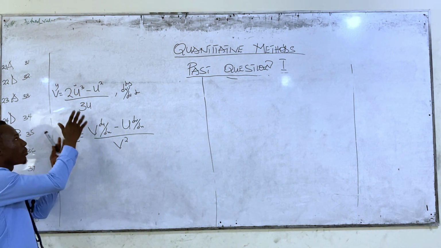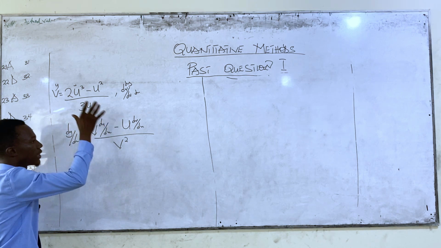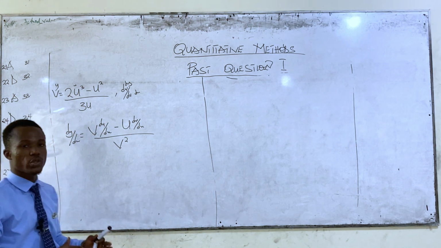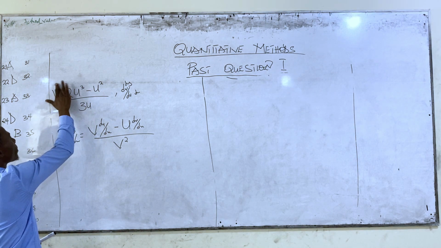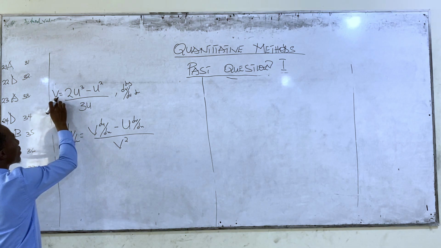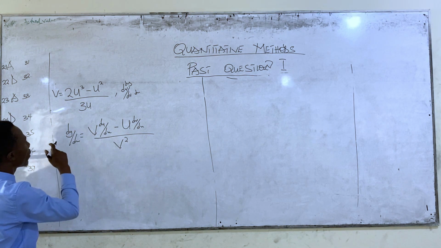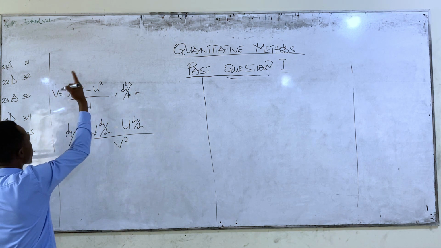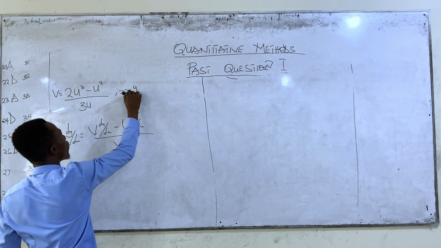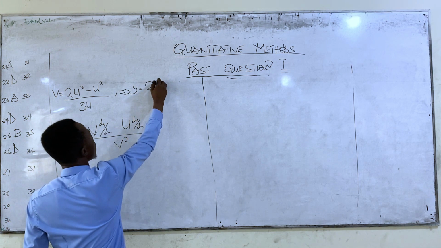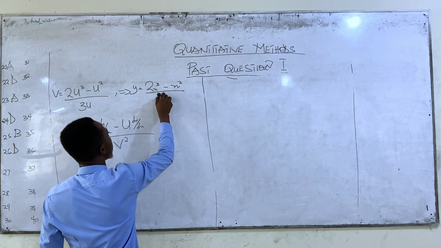We can just represent them by, let's say, a is equal to this, b is equal to this, and solve it. But I don't want you to get confused, so when you are solving it in the exams, just change them. This is v, so change it to y. So you are going to have y equals 2x exponent 3 minus x exponent 2, all over 3x.